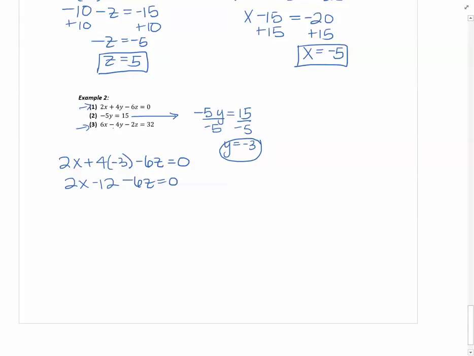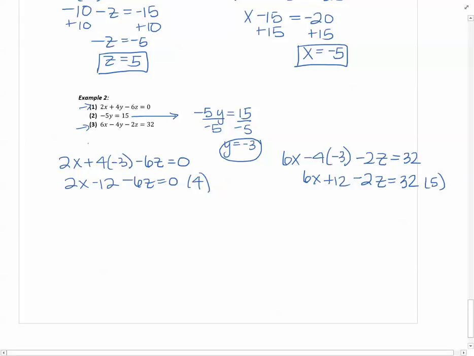And if I plug it into the other one, equation 3, that'd be 6x minus 4 times negative 3 minus 2z is equal to 32. So 6x plus 12 minus 2z is equal to 32. So what I have here, this is like an equation 4 and equation 5, although I should clean it up a little bit.